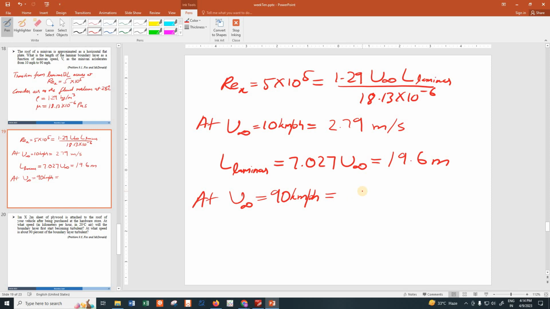So if it is 90 kmph, so basically it is 3 meters per 3600 seconds.